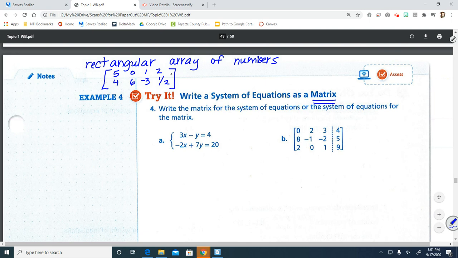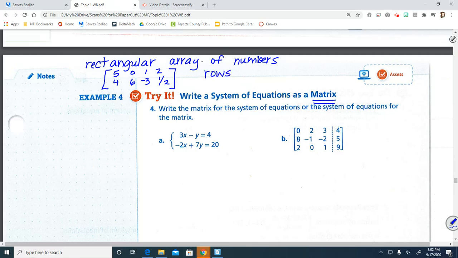One thing you need to know about matrices, first of all, matrices is the plural for matrix. You also need to know how to name a matrix. A matrix is named by the number of rows by the number of columns. Rows go horizontally back and forth. Columns go vertically.